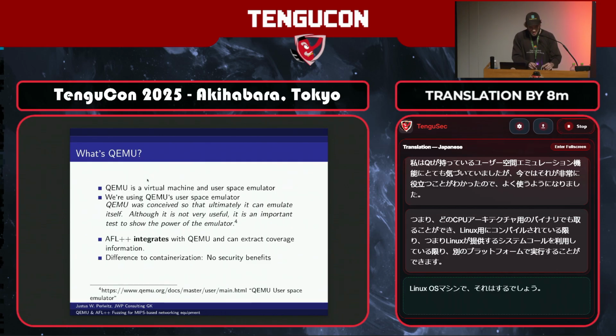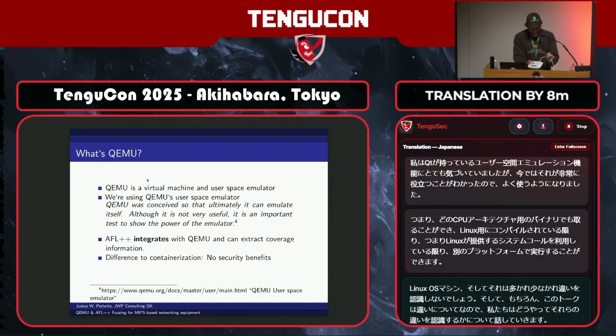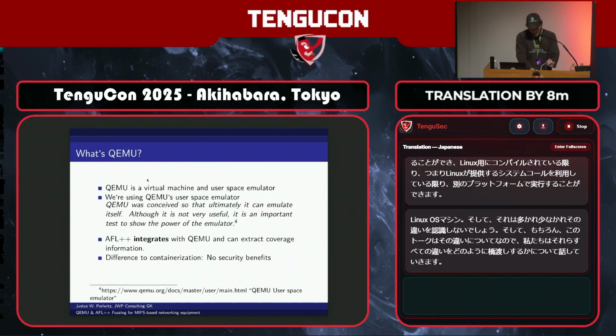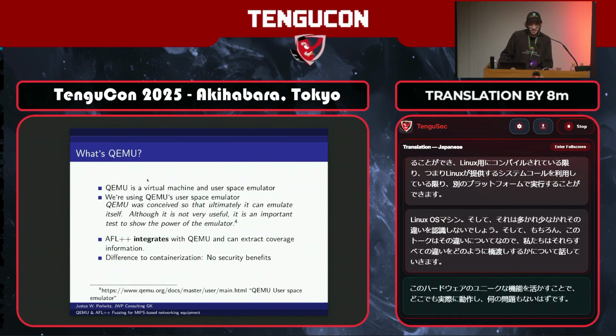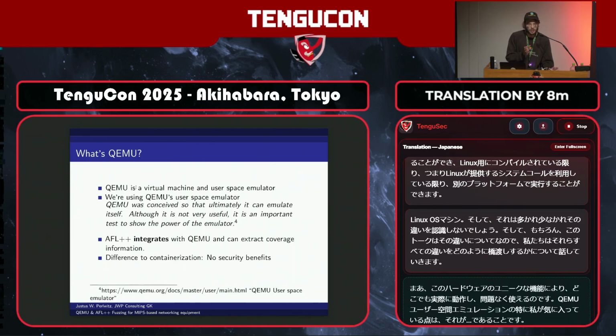And of course, since this talk is about the difference, we will talk about how to bridge all those unique features of this hardware so that you can really run it anywhere and it won't make a difference. What I particularly like about QEMU user space emulation is that it is meant to be able to run QEMU user space emulation.